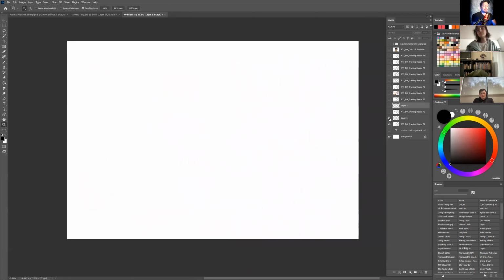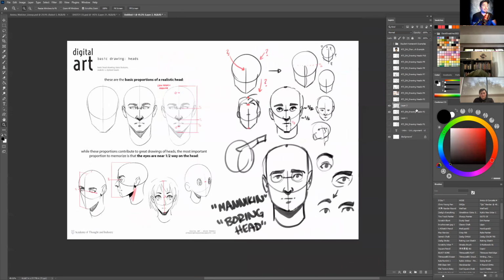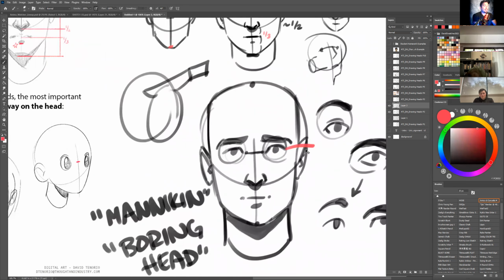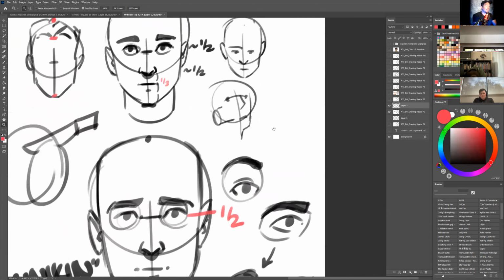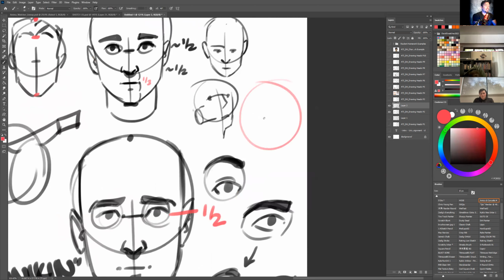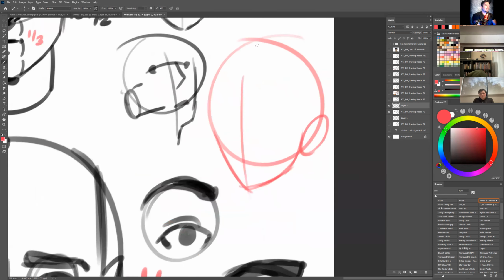So how to draw the head, right? How to start it. And a little bit about proportion, which is the most important one, the biggest takeaway is those eyes being about halfway, which also applies a lot even to something that's more animated. So if you drew a head, you're doing something that's a little bit more like manga or anime, you could still from the top to the bottom put those eyes about halfway.